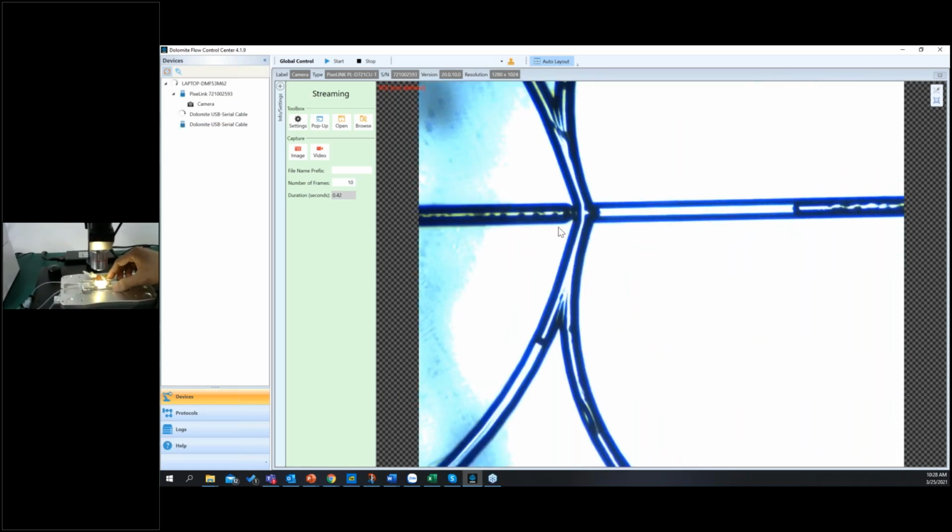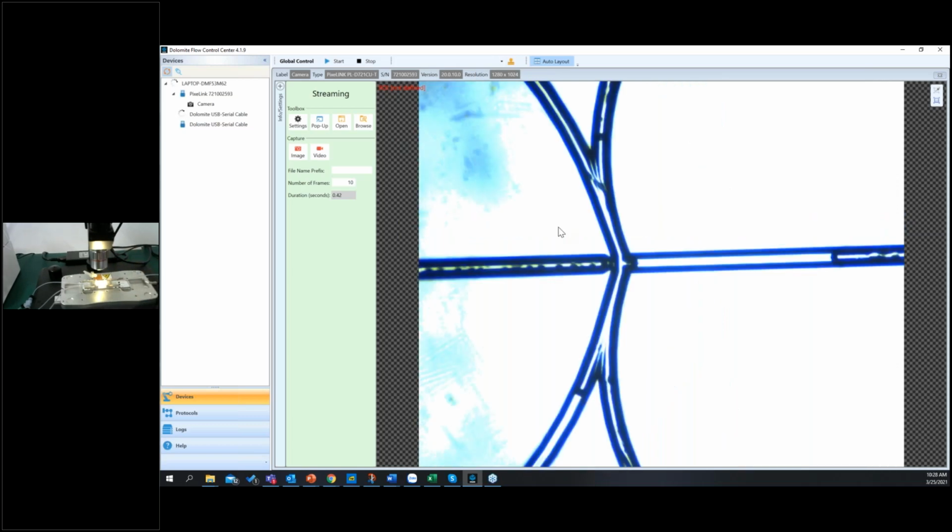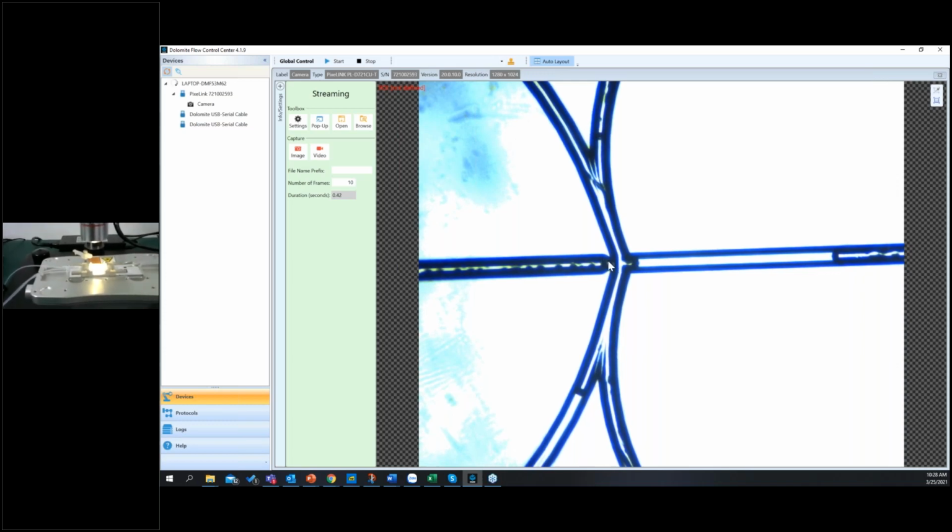Here, in the microscope you can see the chip has five input channels. The middle input channel is for the droplet phase, and the 4 other input channels are for the carrier phase.